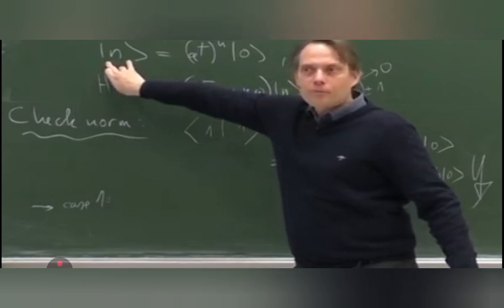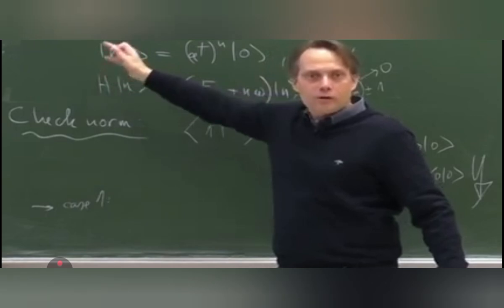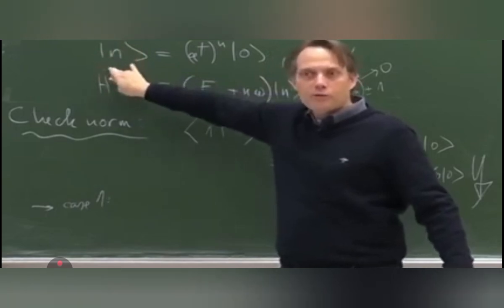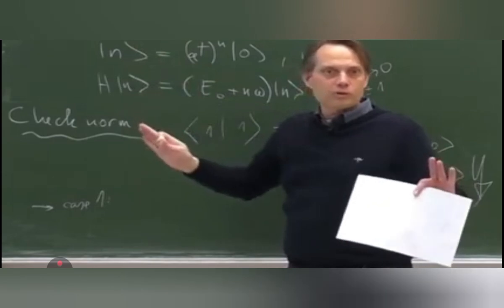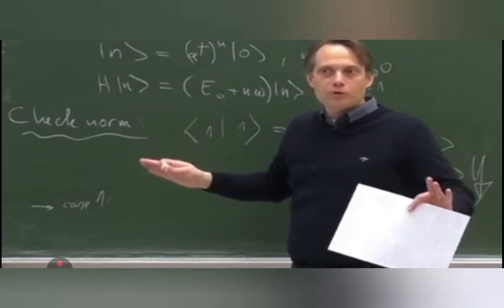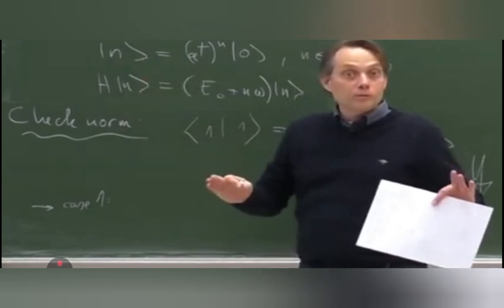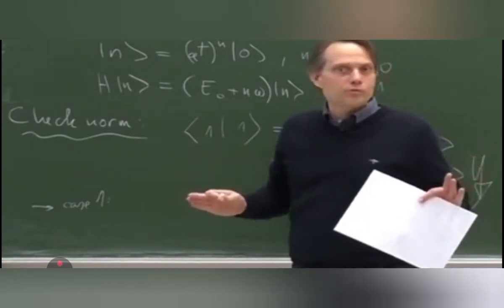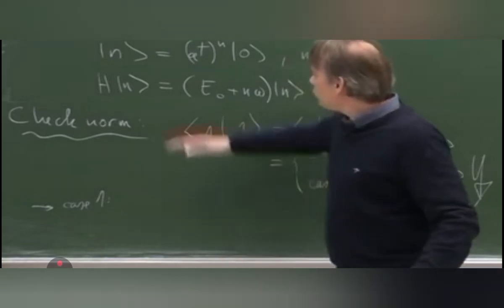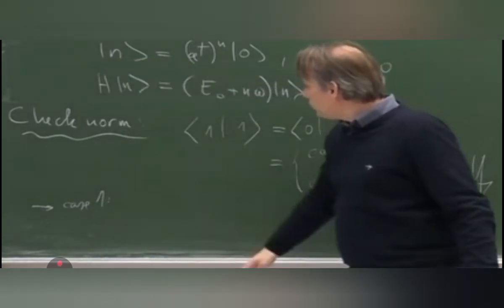Then you know on these states perfectly well how A acts, how A dagger acts, how the Hamiltonian acts. And therefore you have completely constructed an infinite dimensional Hilbert space with a basis, and all the operators have a completely known behavior. And the operators satisfy the commutation relations which you have required. Then you have fully constructed your theory, and the theory is consistent. So that is case 1.